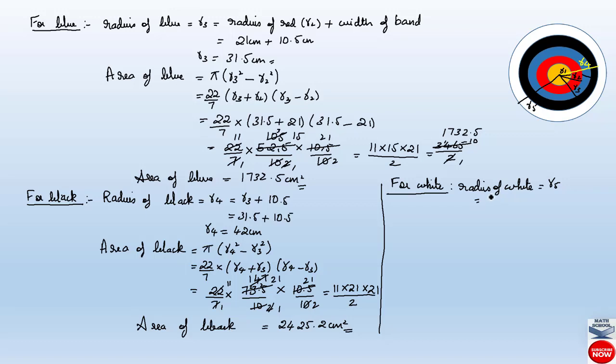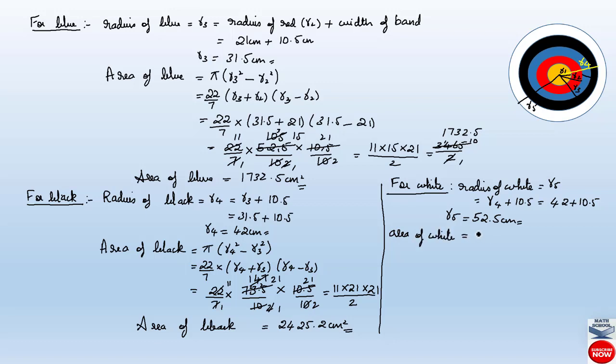The radius of the black region is R4, plus the width of the band given as 10.5 centimeters. So R4 value is 42 centimeters. So 42 plus 10.5, that is R5. Radius of white is R5 equal to 52.5 centimeters.